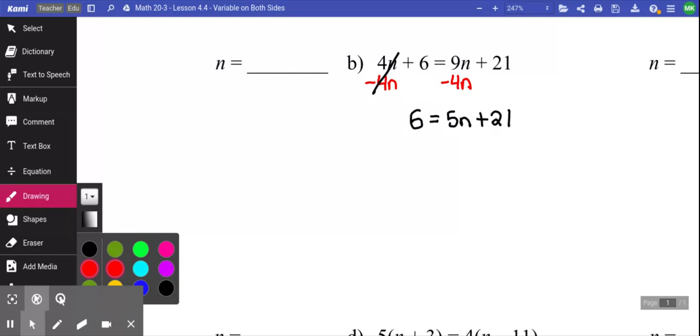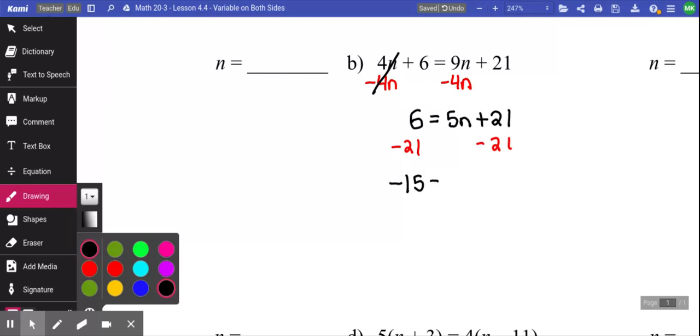The opposite of plus 21 would be subtract 21. That means on the left side, 6 minus 21. You throw that in your calculator, you'll get minus 15. It's really negative 15. And on the right side, all you're left with is 5n. Then I need to move that 5 away from that n.